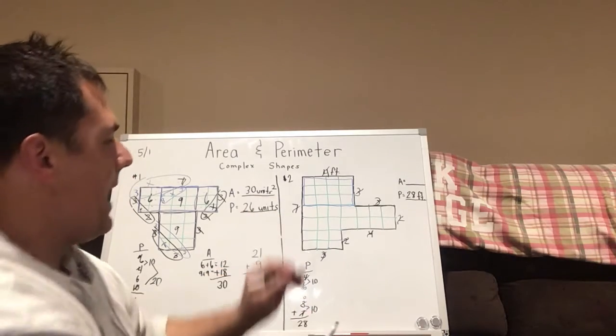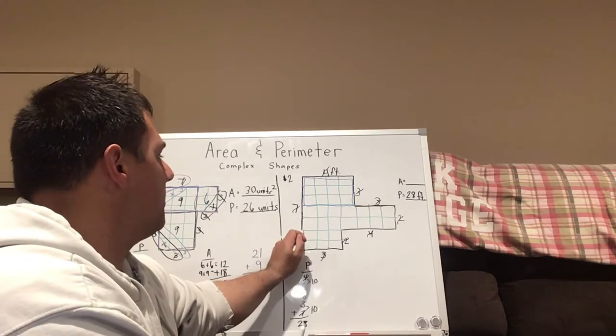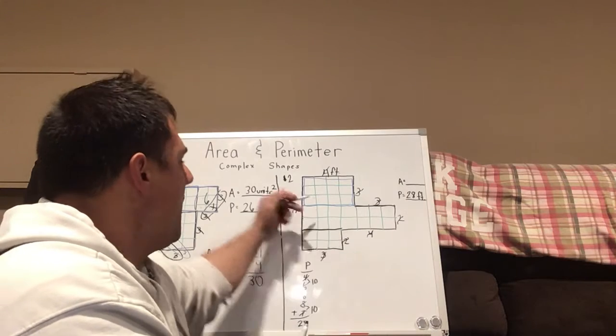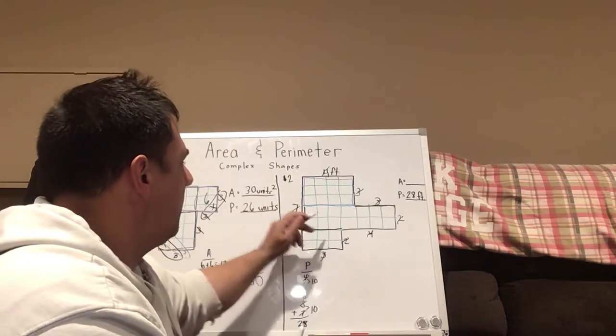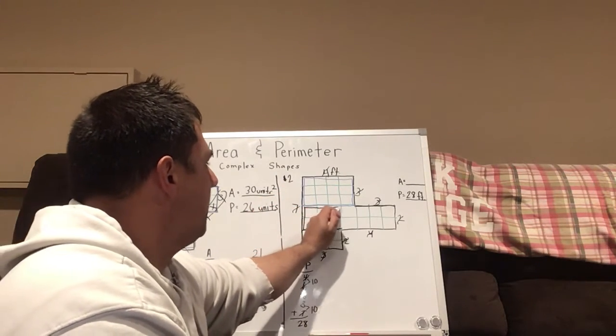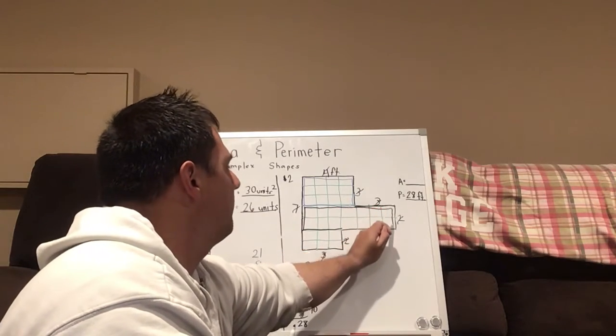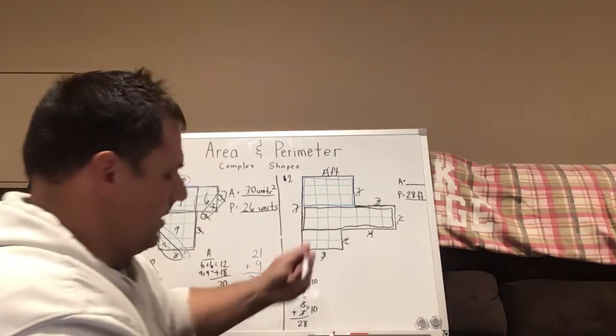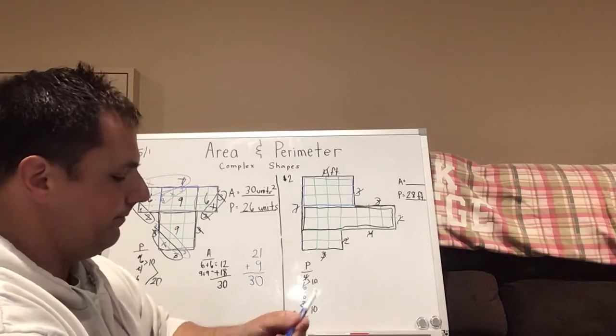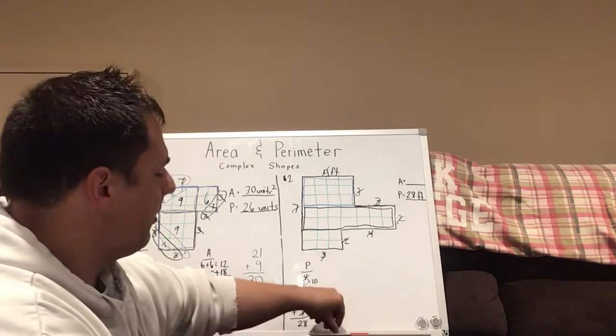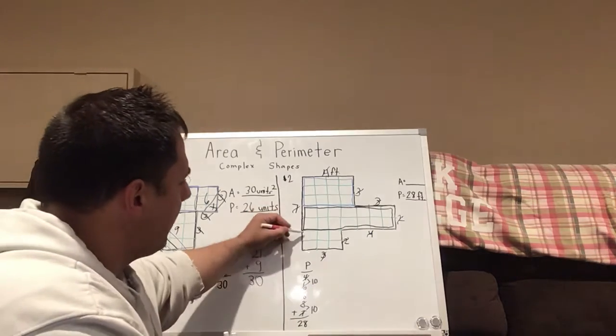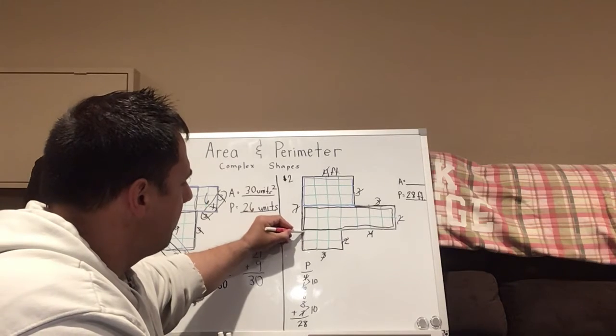I'm going to use my black, and I'm going to cut right here. And I'm going to make this whole part a second rectangle. So I'm going to highlight it here just so you can see it a little bit better. I know it's hard to see. And then I'm going to use my red, and I'm going to highlight this part red.